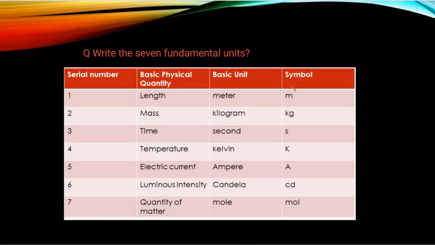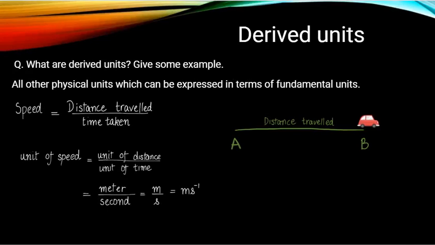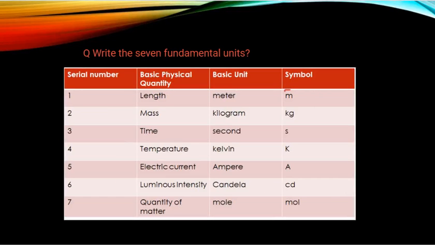And this m is the symbol of the unit. Symbol of which unit? The unit of the physical quantity of length. This m and this m are different. Here this m represents your mass, and here this m represents the meter.